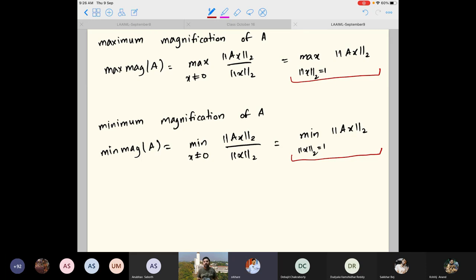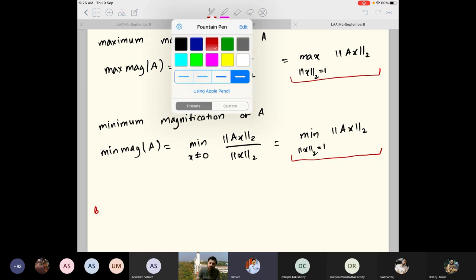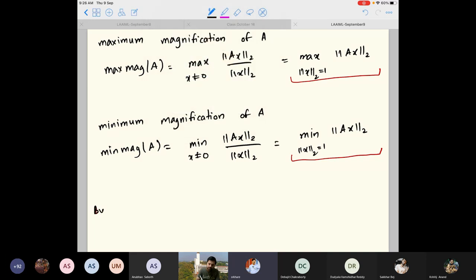Are these two definitions clear? Straightforward, right? By definition, the 2 norm of A is basically the maximum magnification of A. So what is the 2 norm really measuring?